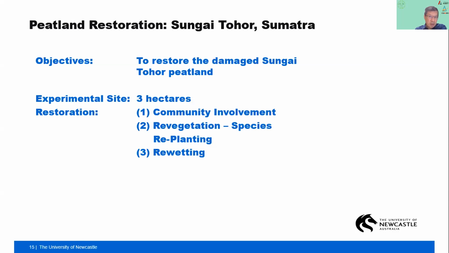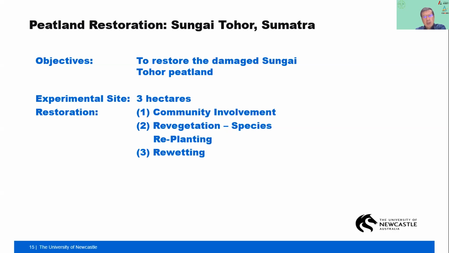So the objective is to restore the damaged Sungai Tohor peatland, and it's not an easy task. It will take many years. So we're looking at an experimental site of 3 hectares. And the objective is obviously to involve the community, to look at the background, how they can come back to use the land sustainably over the long term.